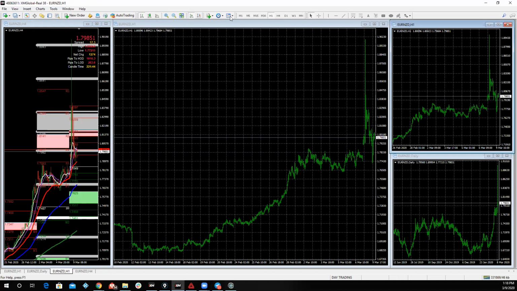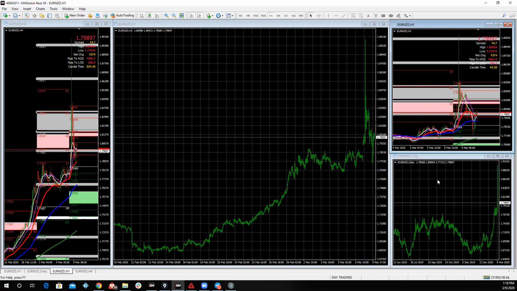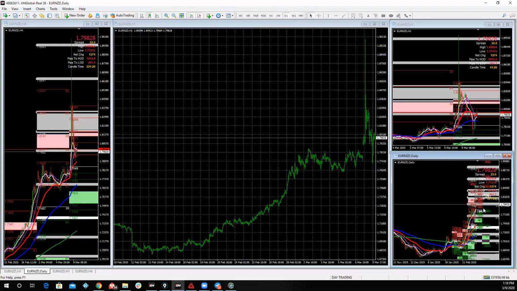I'm going to do the same thing. Right, you have that there. I'm going to clean this up a little bit so I can get more clarity on where price is or where price is going. And we also have the daily, which I'm going to do a bit of spring cleaning with also, because we can see it is very messy, so we are not seeing what's going on.